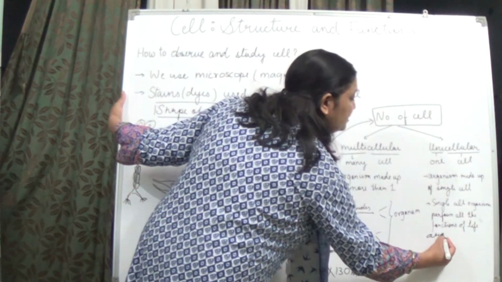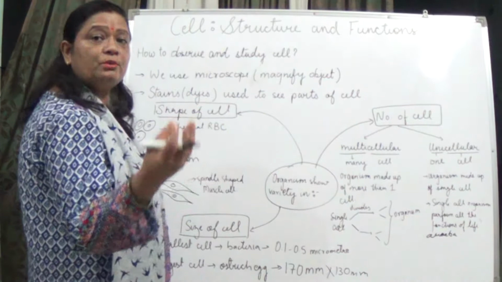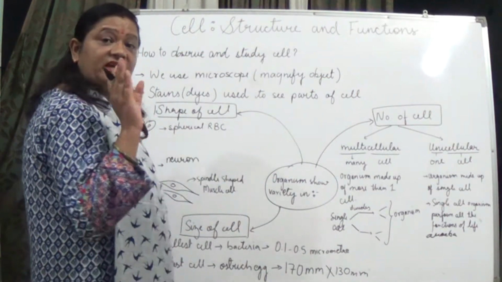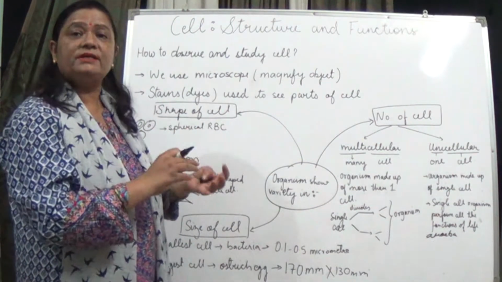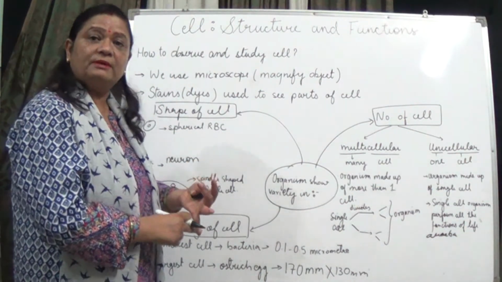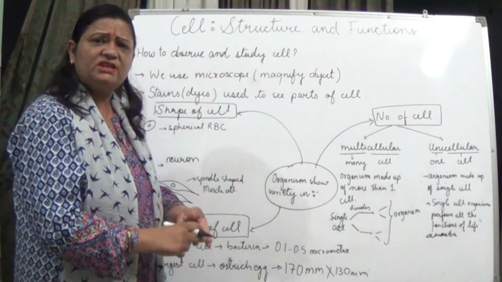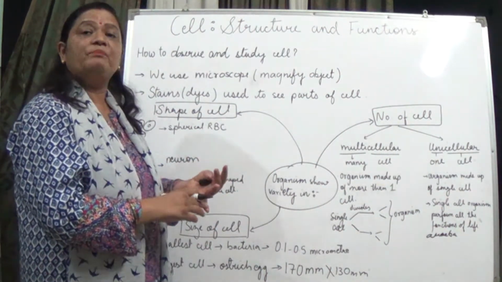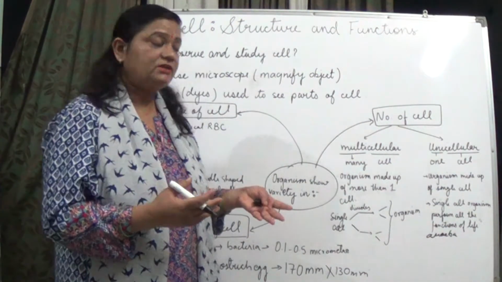This amoeba is a single cell, unicellular in nature, but it can perform all the functions of the body. It can metabolize, grow, carry out excretion, digestion, respiration, and reproduction.